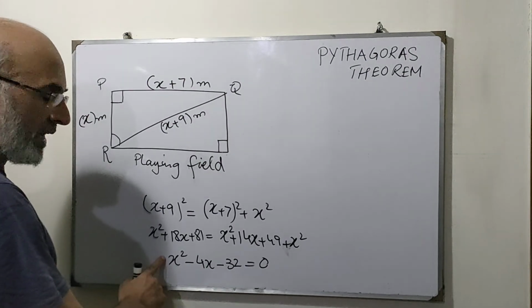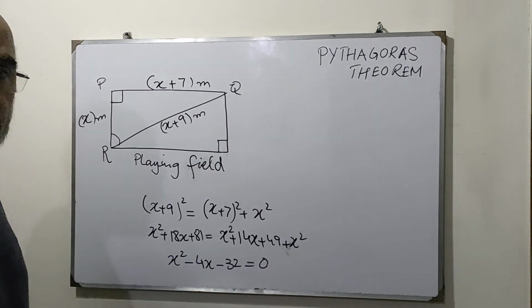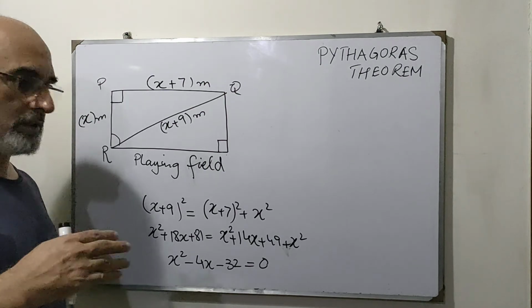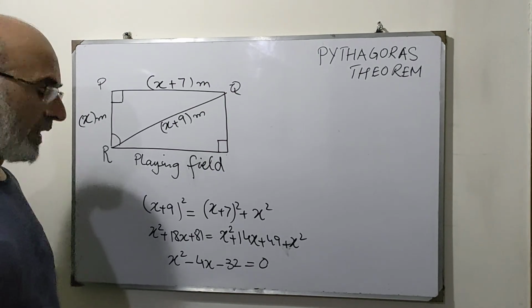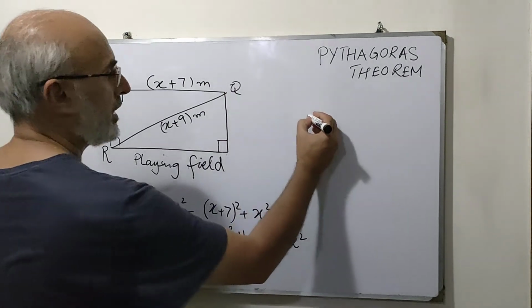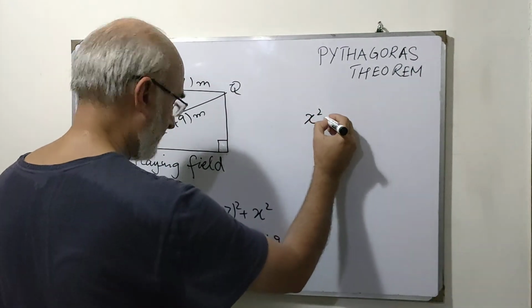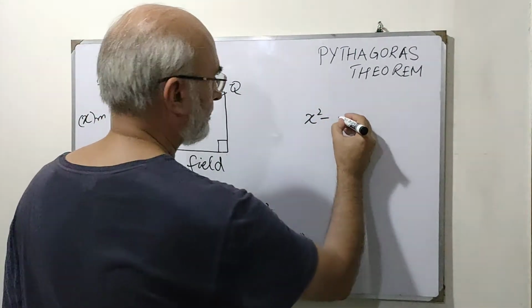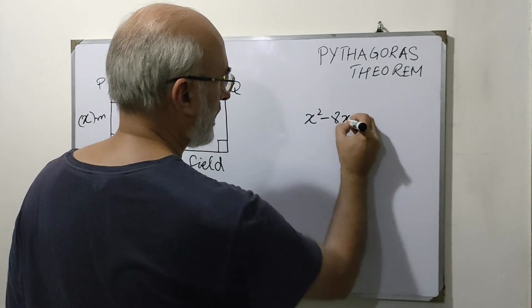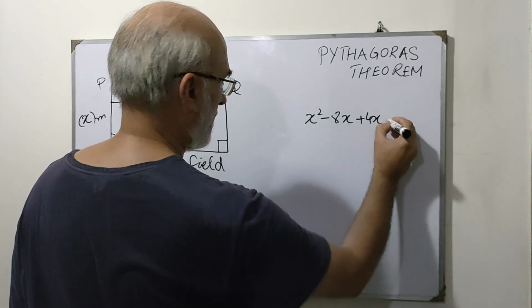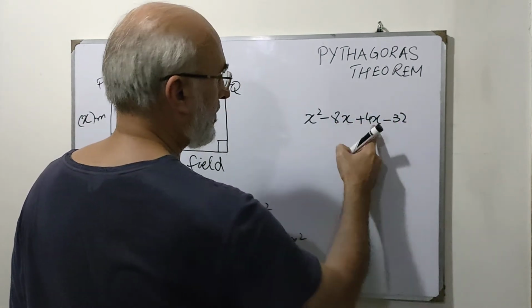So 1 into 32 is 32. I need factors which give me minus 32 and minus 4. So I have x square minus 8x plus 4x minus 32, these are my factors.